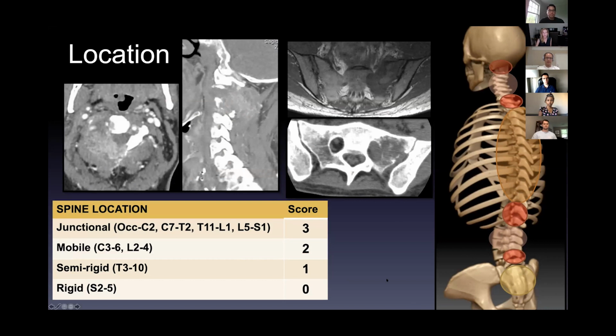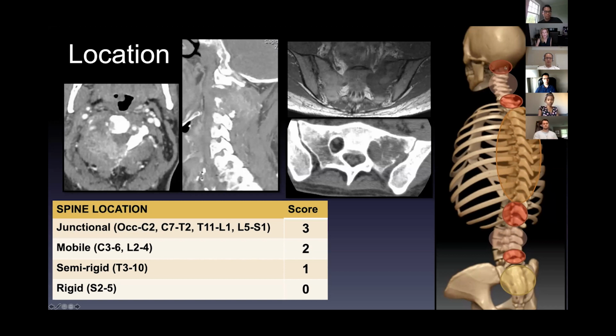So those 6 questions that we're answering, I'm going to give you pictures of each to show you why they're important. Where the metastasis is in the spine makes a difference. Some areas are much more devastating when there's spinal mechanical failure than others.